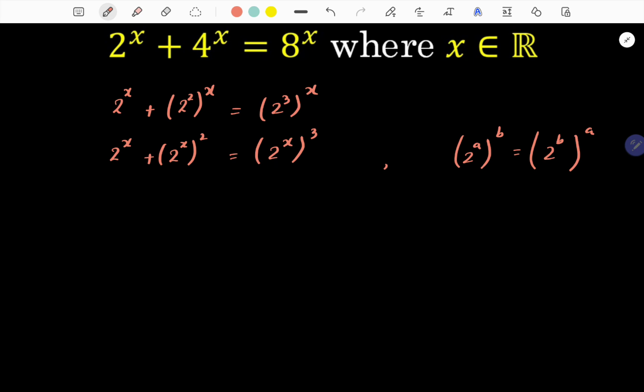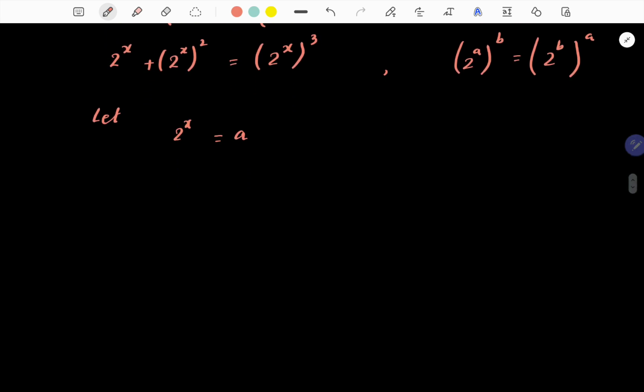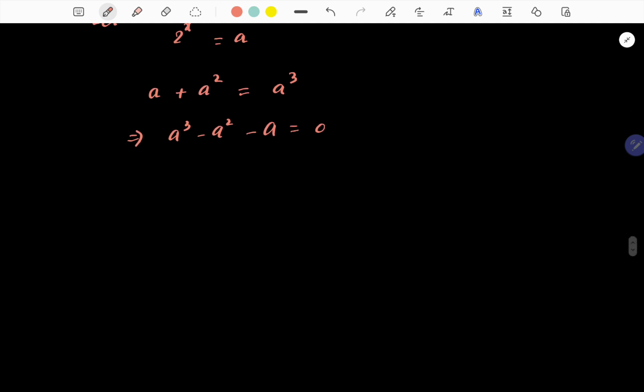So now let us substitute, let 2^x = a. Then we get a + a^2 = a^3. Taking all to one side, we will get a^3 - a^2 - a = 0.